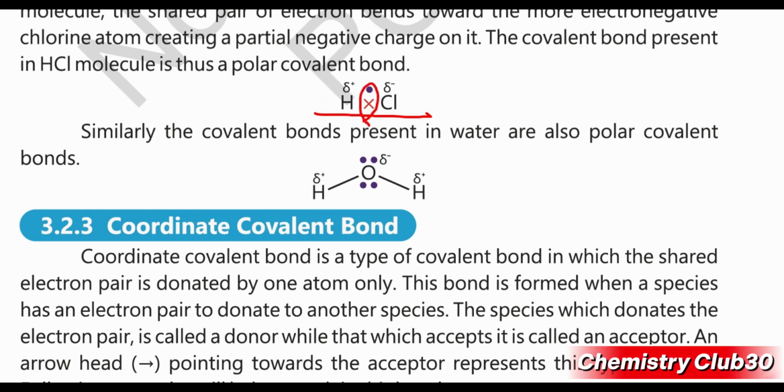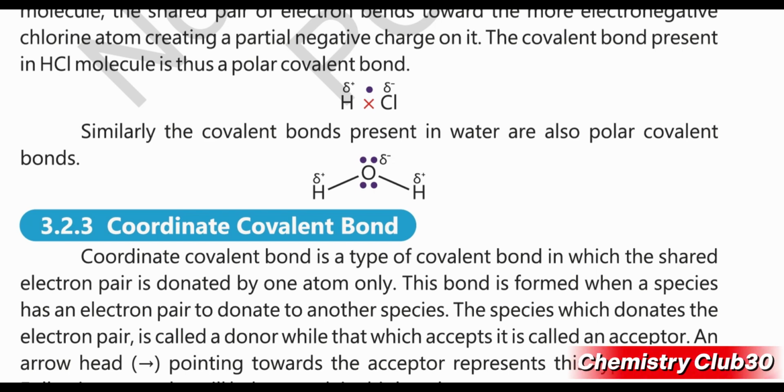It should be shared equally, but it is not shared equally because chlorine has more electronegativity. So it will attract the shared electron pair toward itself, which will create a partial negative charge on it, and a partial positive charge will be created on the hydrogen atom, and the symbol for the partial charge is shown here.